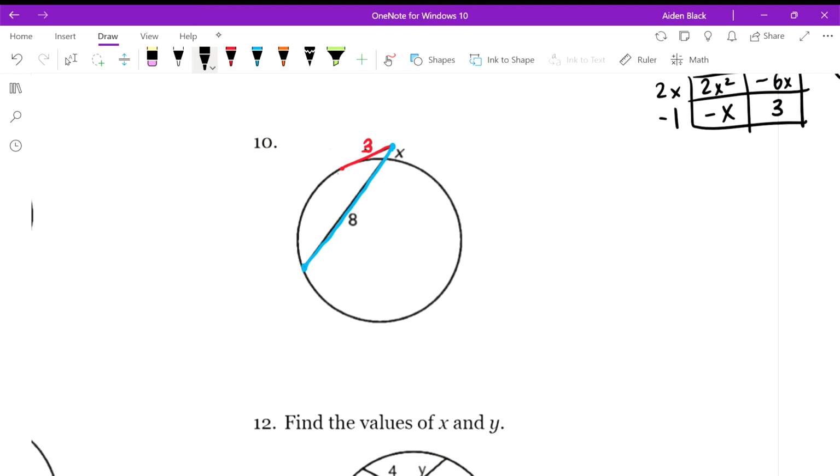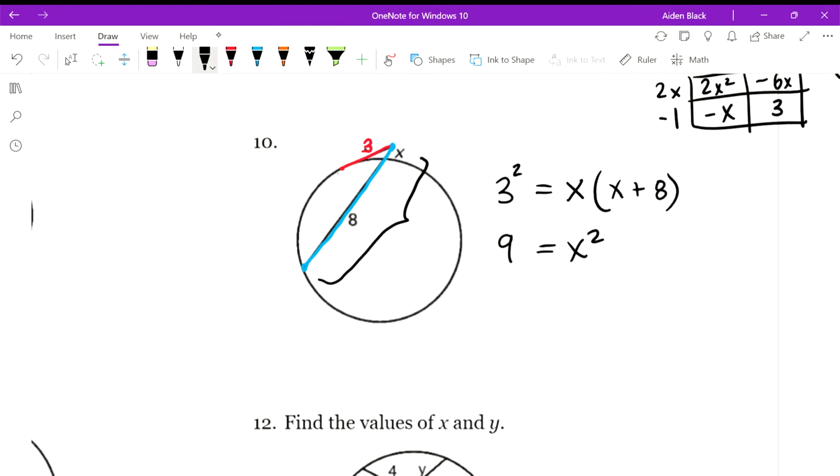What that states is we take the tangent and square it, and that would be equal to the external part of the secant, x, times the entire secant, which is x plus 8. We get 9 from 3 squared, and then we get x squared plus 8x.